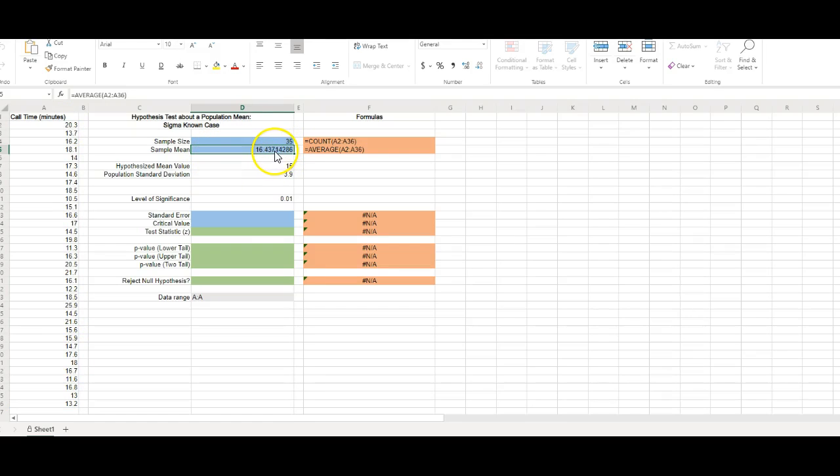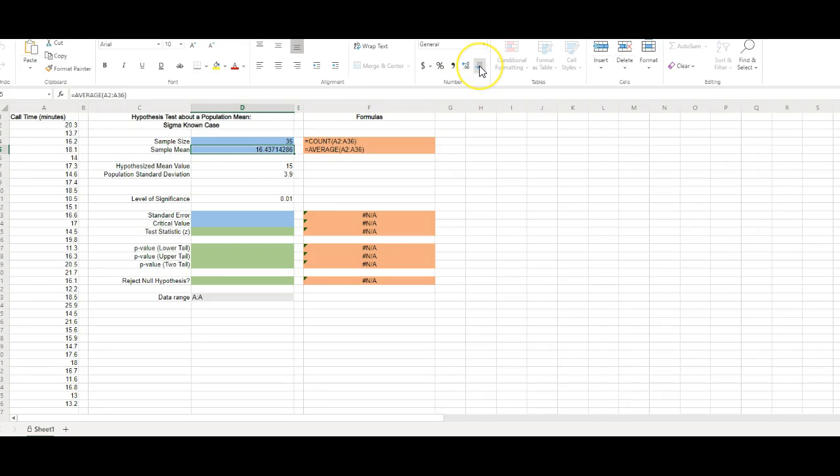And what's key here is that the value you should use for the sample mean should be to at least 2 decimal places, 16.44. Otherwise, the test statistic value that you calculate will be incorrect or marked incorrect by the facility.